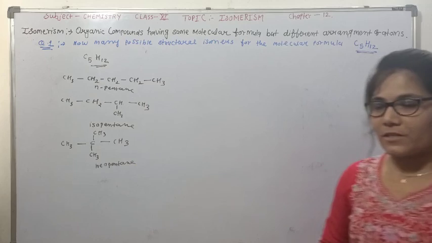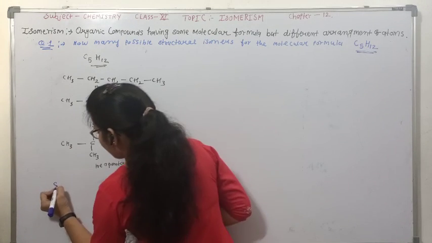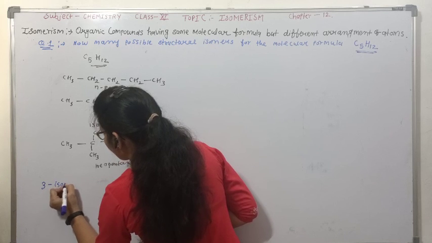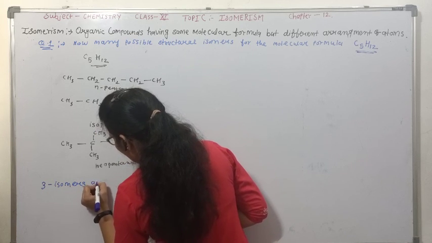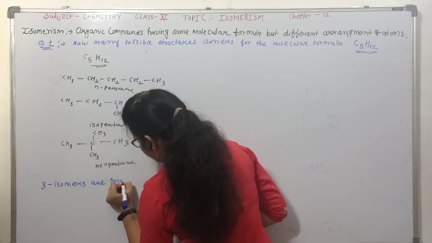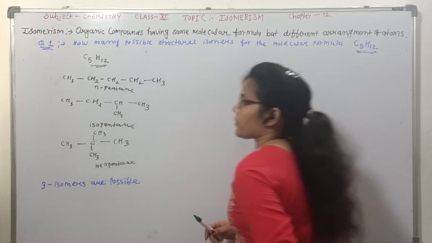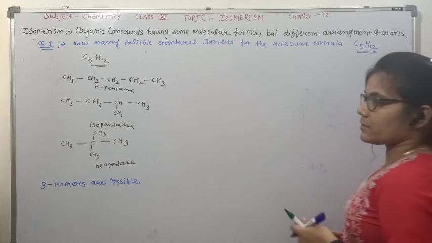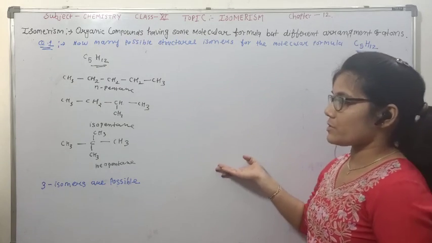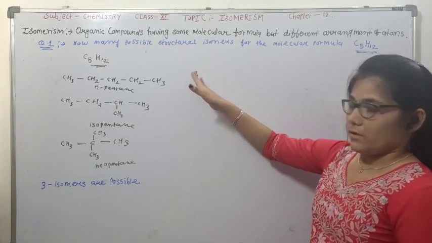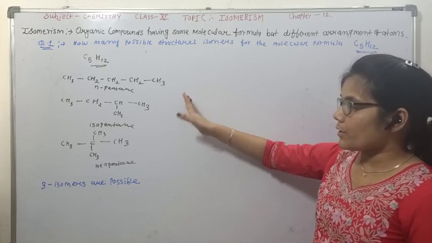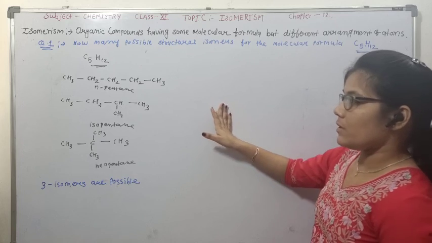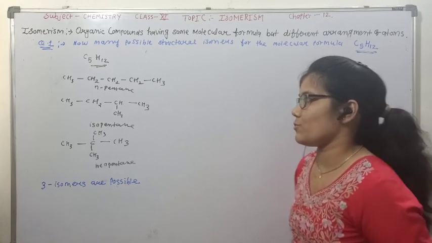Okay, so there are three structures, three isomers are possible. Because it is a simple alkane, only chain isomerism is possible, because there is no functional group, no double or triple bond. So we have three isomers.